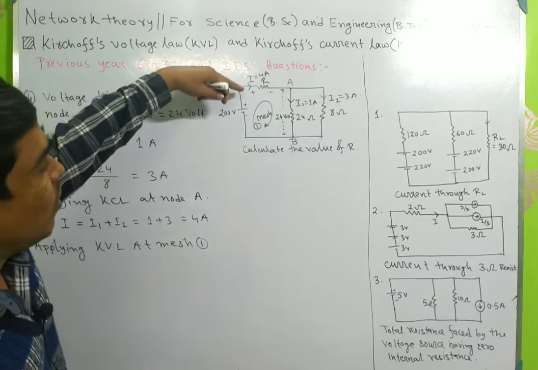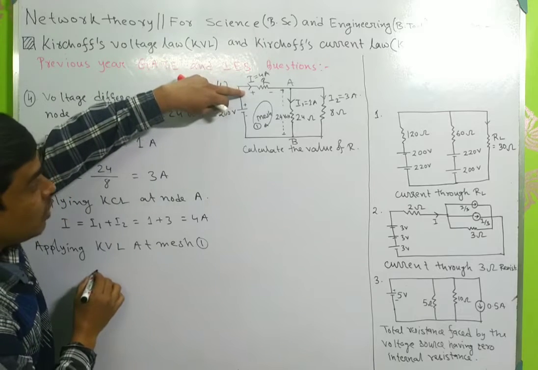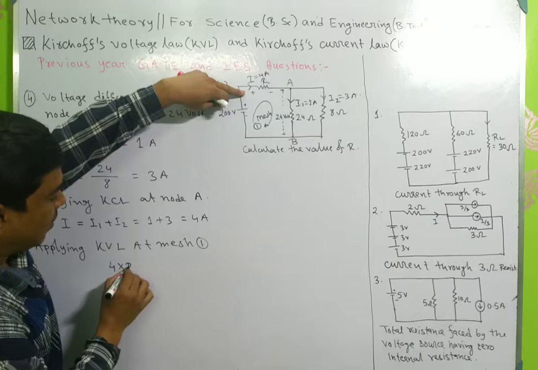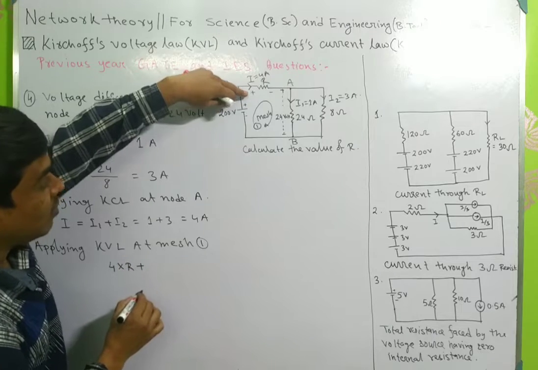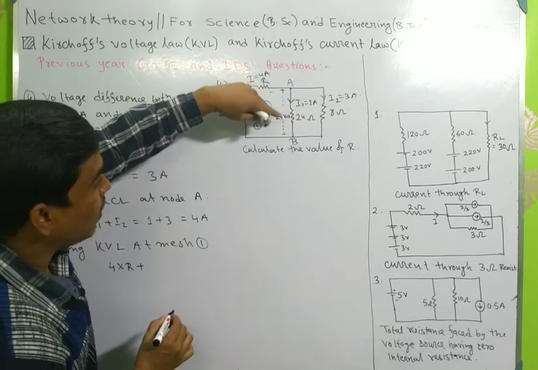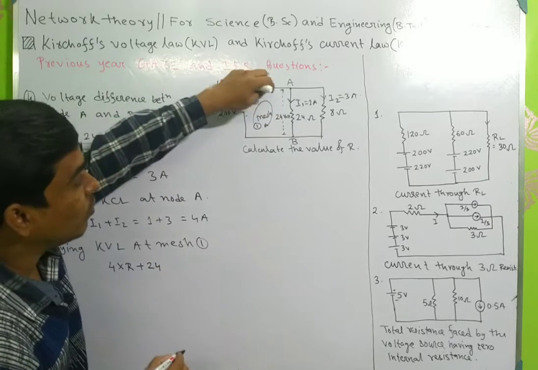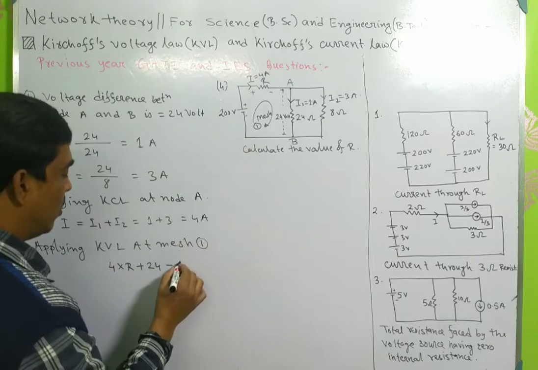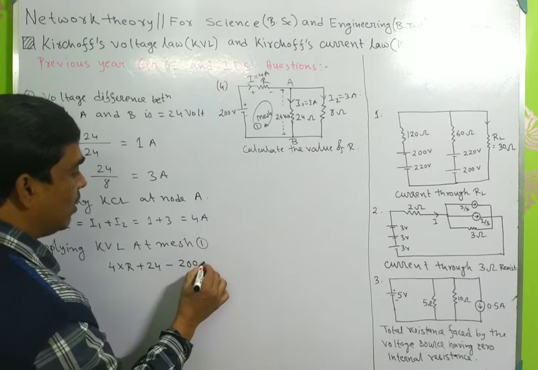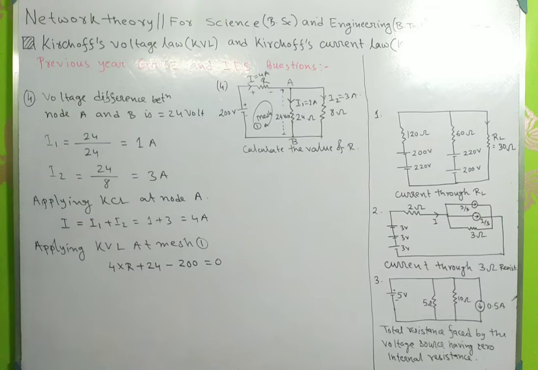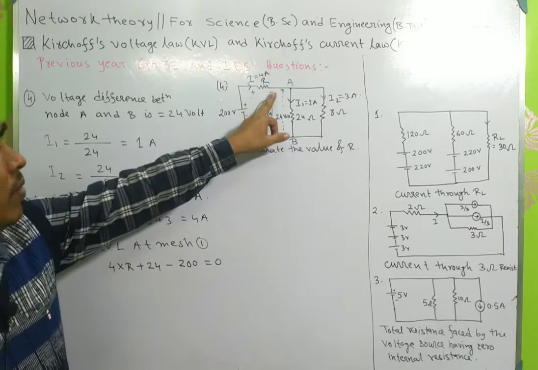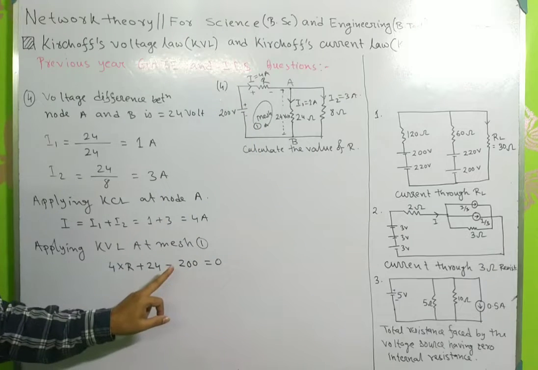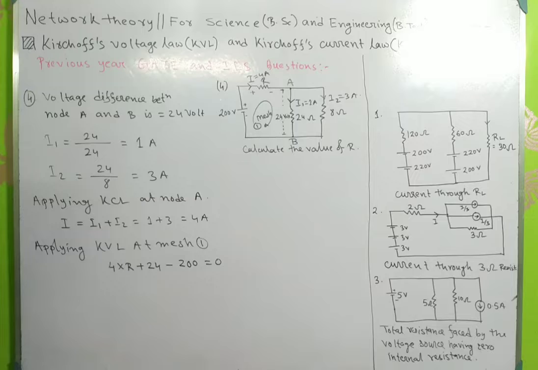If I start from this portion, it will be current multiplied by resistance, plus 24 minus 200 equals to 0. That's why the negative signs come here.